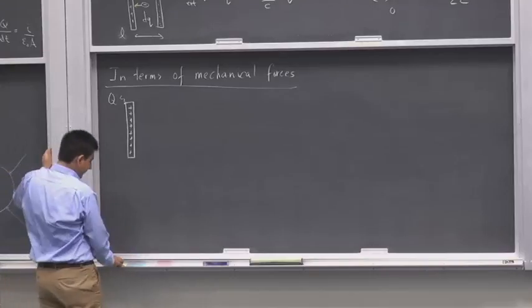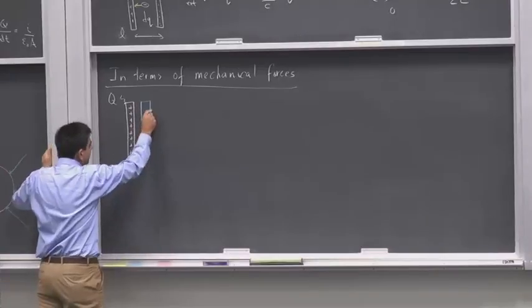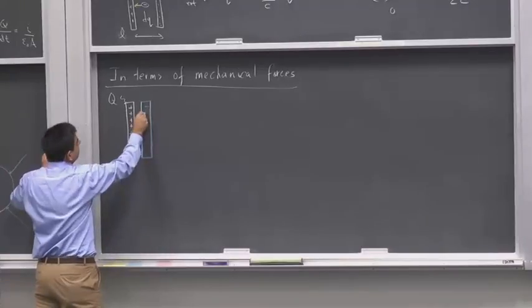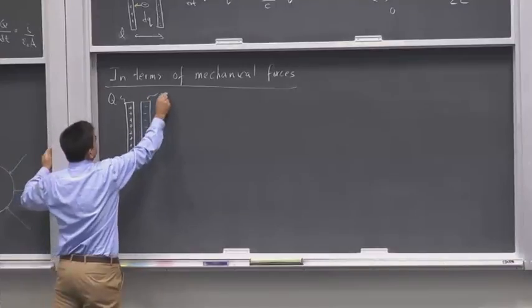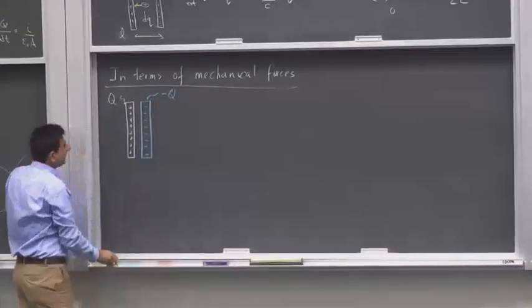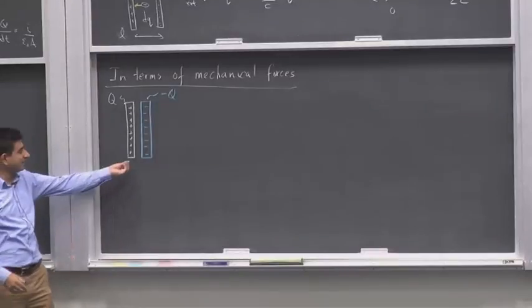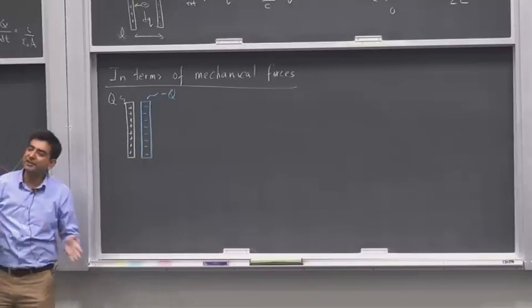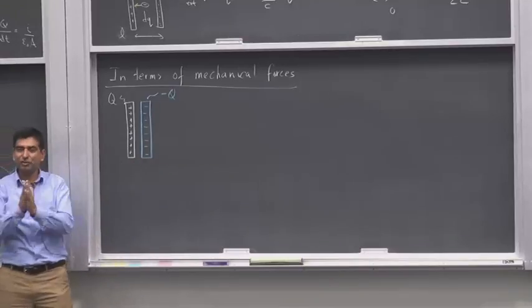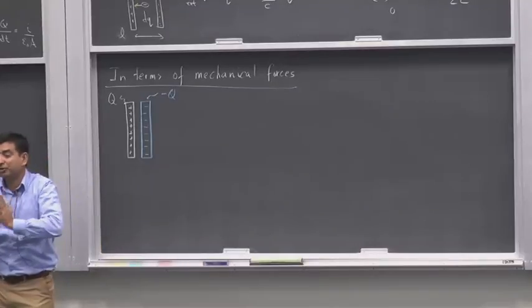And then I have a negatively charged plate that carries a charge minus Q. And this negatively charged plate is really close to this positively charged plate. Remember, this is a positive charge, this is a negatively charged body. So ideally, the potential energy is minimized when both of these plates coalesce, when they are together, because of the attractive forces.